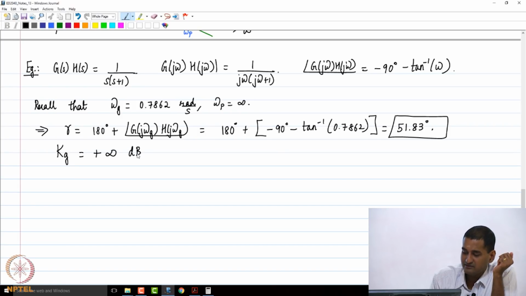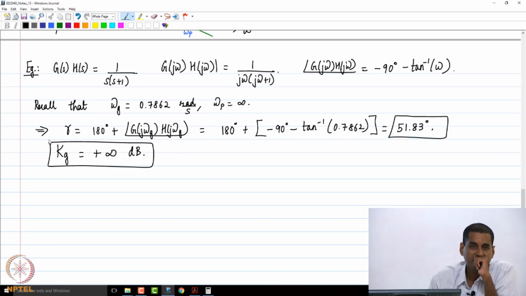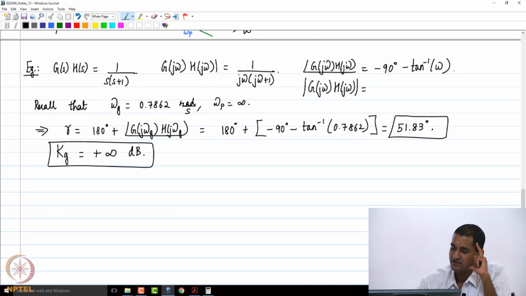Correct. You can also look at it this way: the magnitude of the open loop transfer function is essentially 1 divided by omega times the square root of omega square plus 1. This also gives the same result.